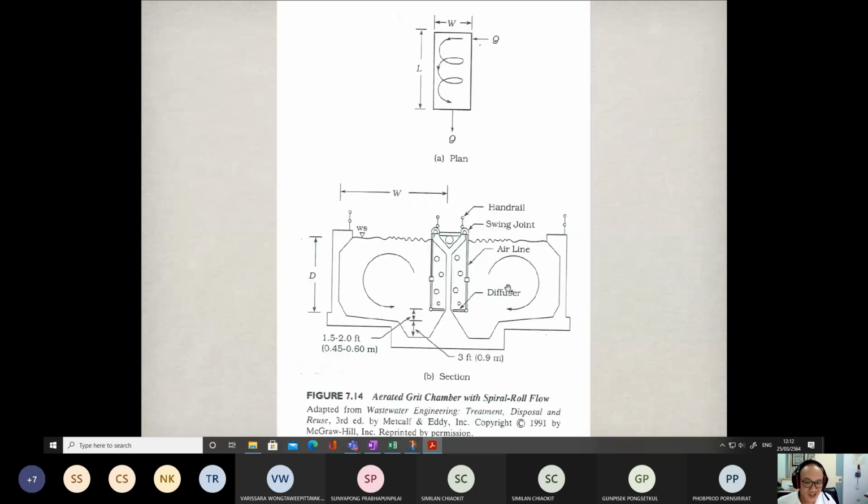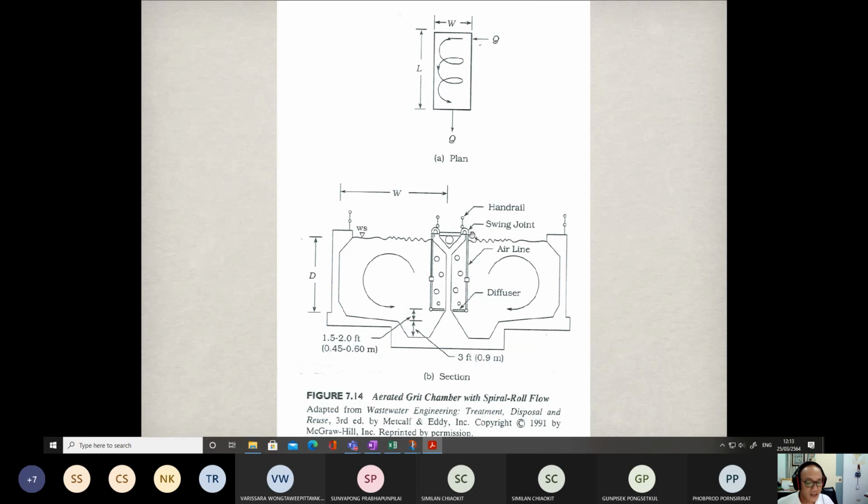This is the aerated grit chamber. By the name, you can expect to see some air bubbles added inside. So we blow the air here. According to the physical characteristics of air, when we blow the air, the bubbles try to move up to the surface.